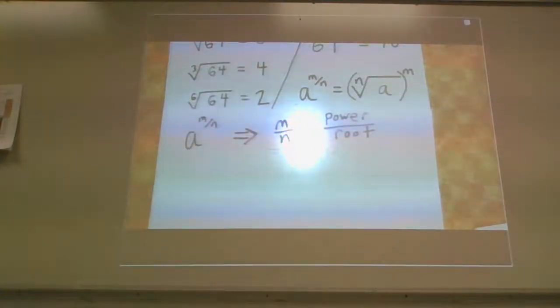That fractional exponent, m over n, whenever you see that, I need you to think power over root. The top of the fraction is the power. The bottom of the fraction is the root. If you can remember power over root for fractional exponents, you will be a leg up on so much of this stuff.